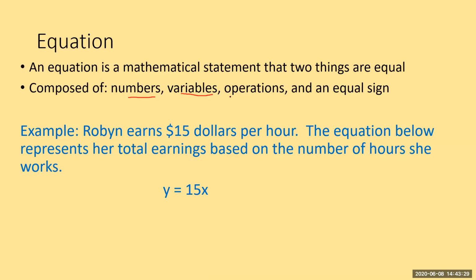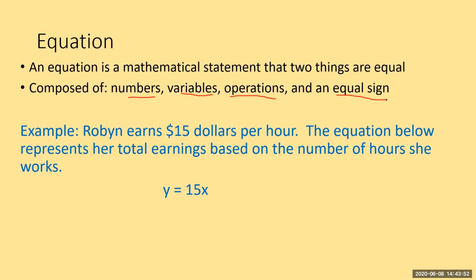It will usually have operations in it, operations being what we do with numbers: adding, subtracting, multiplying, dividing, exponents, roots, all that good stuff. And then also an equal sign, because an equation means that two things are equal, equations always have equal signs.